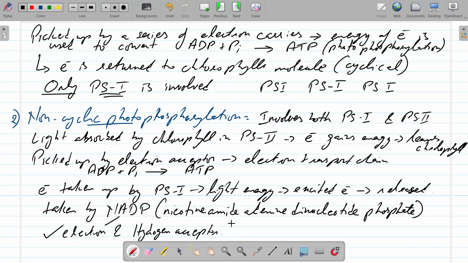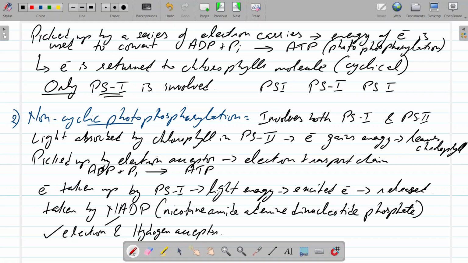And again, this is not like this happens first and then the other thing happens. It's all happening together. It's very fine tuned. The electron started off from photosystem 2, went across the electron transport chain, ATP was produced, it was picked up by photosystem 1, released again due to light energy, and taken up by NADP.